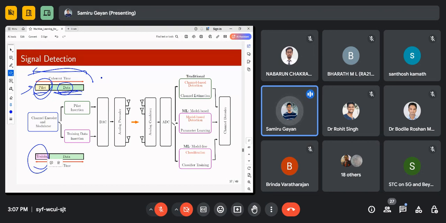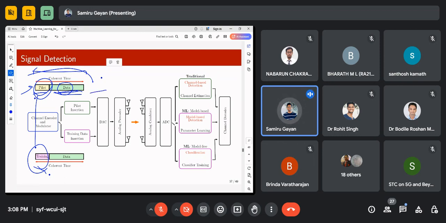So you do training to find the channel model or whatever, with some training going on with the machine learning. That part we can utilize. This is the connection. Earlier we had pilots, now we have a training duration. So this is the process that follows.